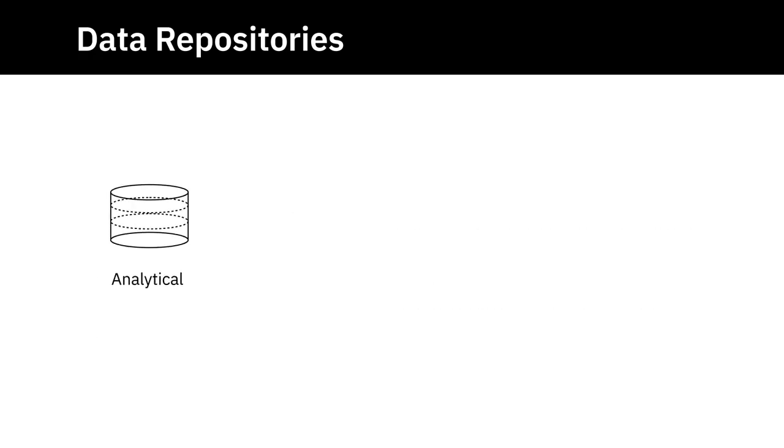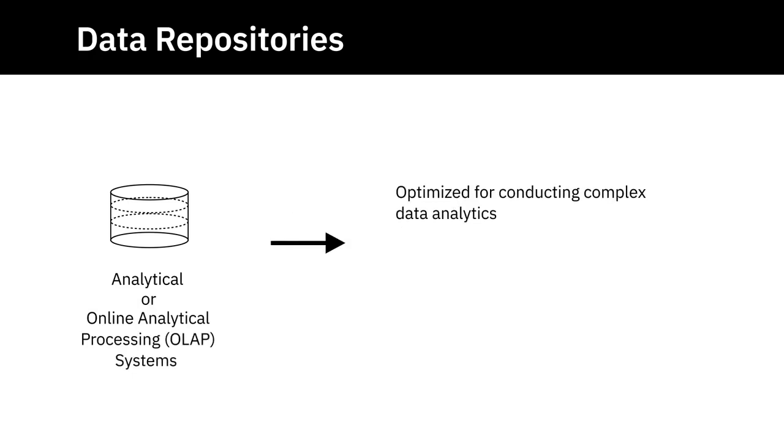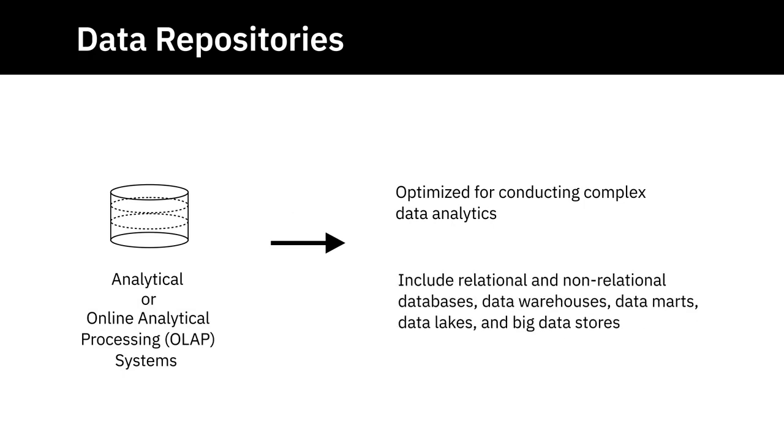Analytical systems, also known as online analytical processing or OLAP systems, are optimized for conducting complex data analytics. These include relational and non-relational databases, data warehouses, data marts, data lakes, and big data stores. The type, format, sources of data, and context of use influence which data repository is ideal.